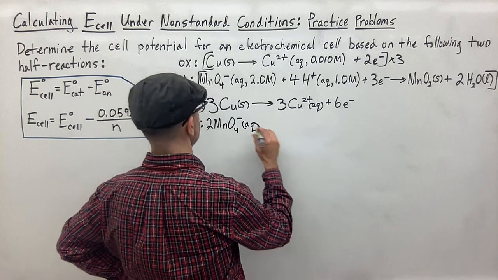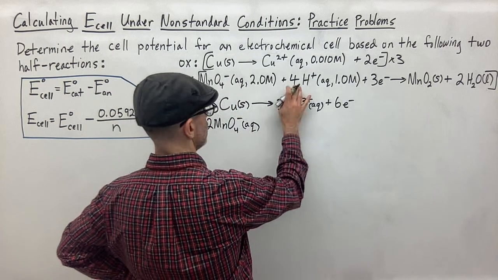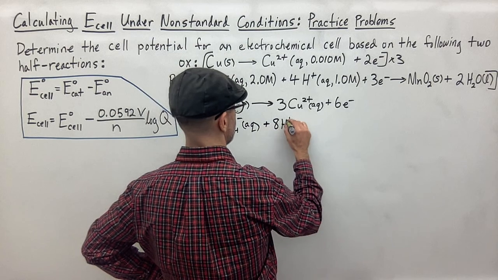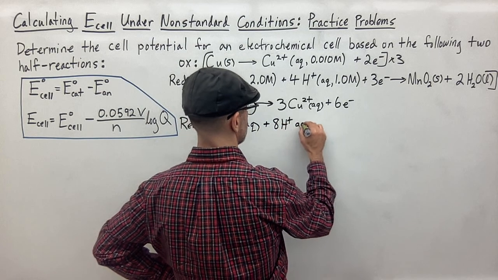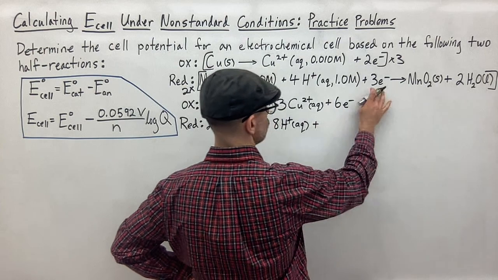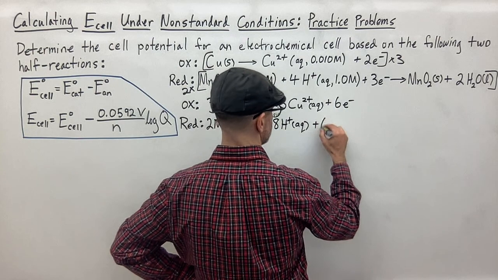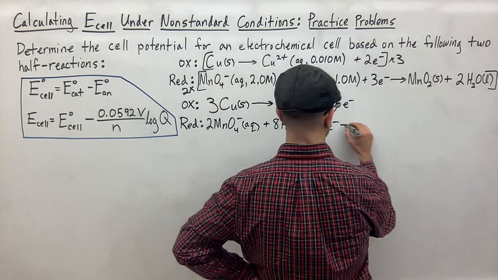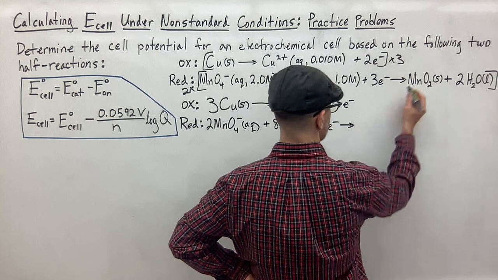And then multiply this by 2. So that's going to give us 8 H plus aqueous plus 2 times 3. That's going to give 6 electrons. And then that's going to give rise to 2 of those.